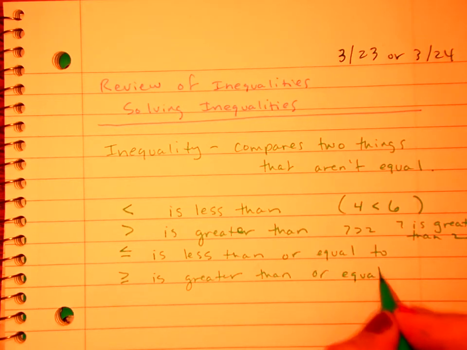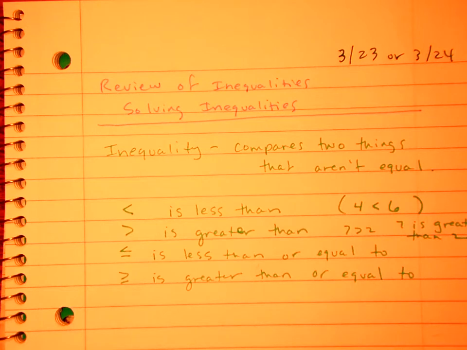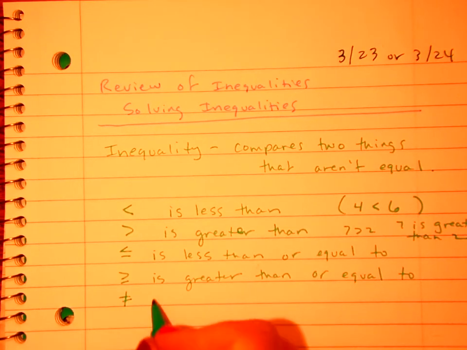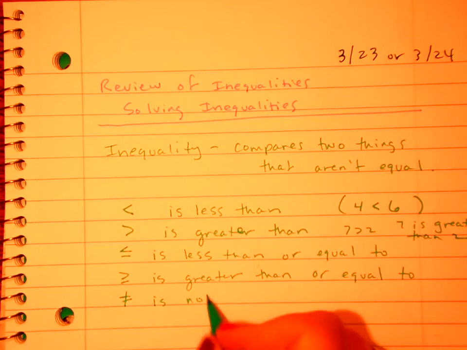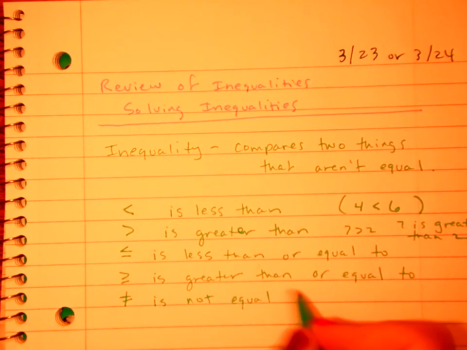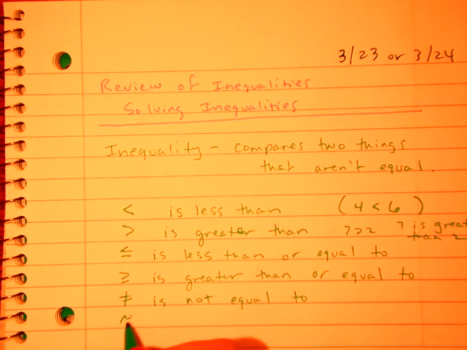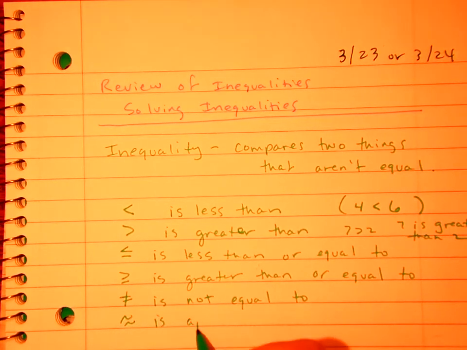So it can be greater than, or it can also be equal to. Then there's a couple more symbols. The is not equal to, which we won't use very much, but that's another symbol that says things are not exactly equal. And then this symbol is approximately equal to.